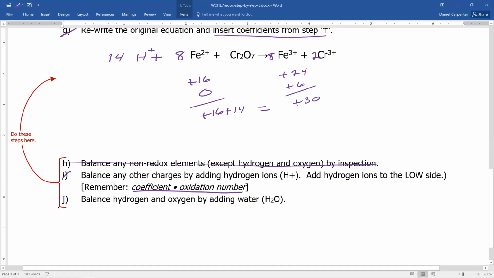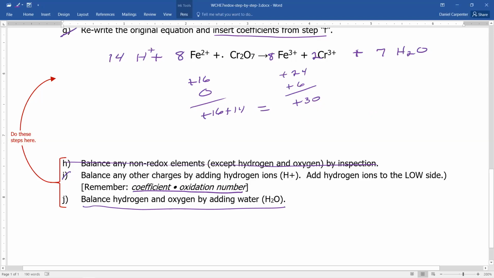And then J. So the last step, balance the oxygen and hydrogen by adding water. So we'll balance one and check the other. 14 hydrogens would take 7 H2Os to make 14 hydrogens. Now we'll double check our oxygen.